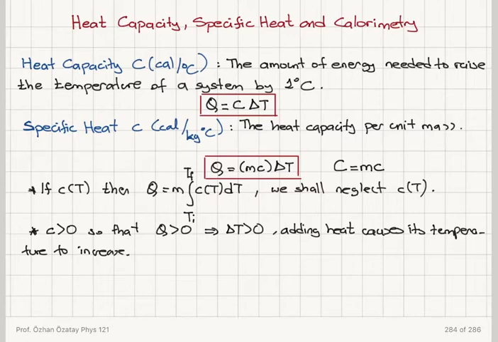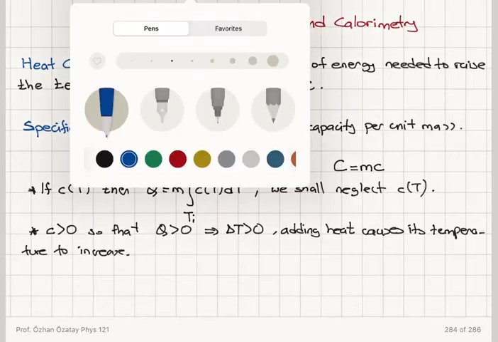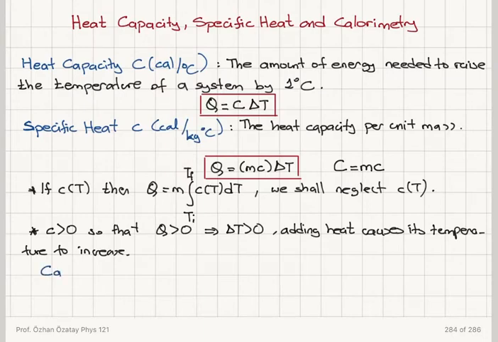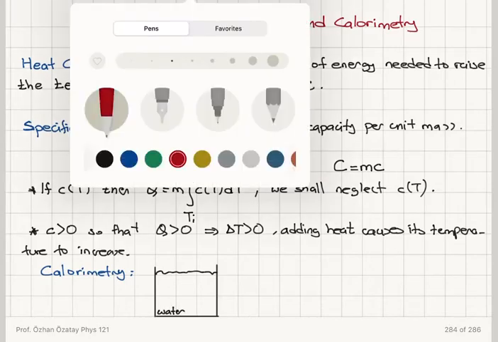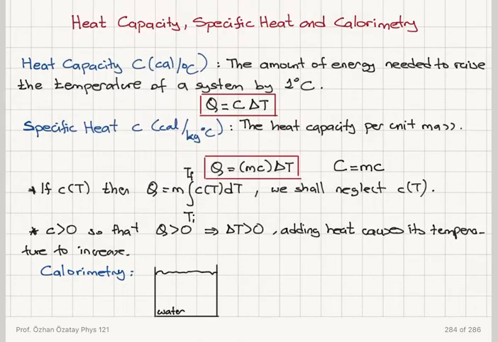Now there is a method for measuring specific heat. It's called calorimetry. And in calorimetry we have the following. We take a vessel containing water. So this is filled with water, and it's cold. And let's say that I have a hot object whose specific heat I'm trying to measure.